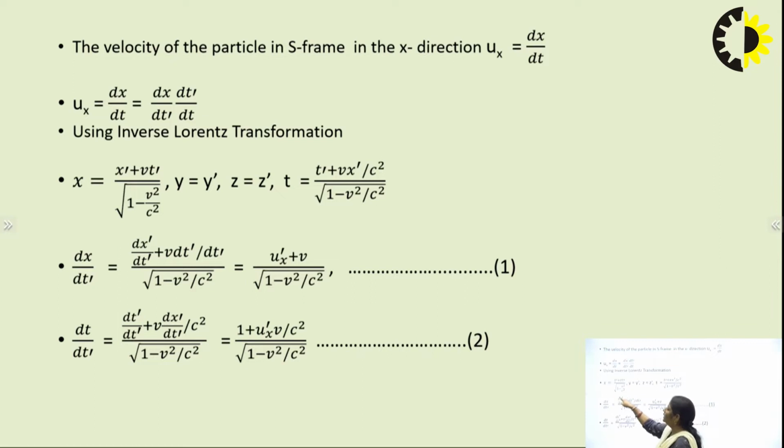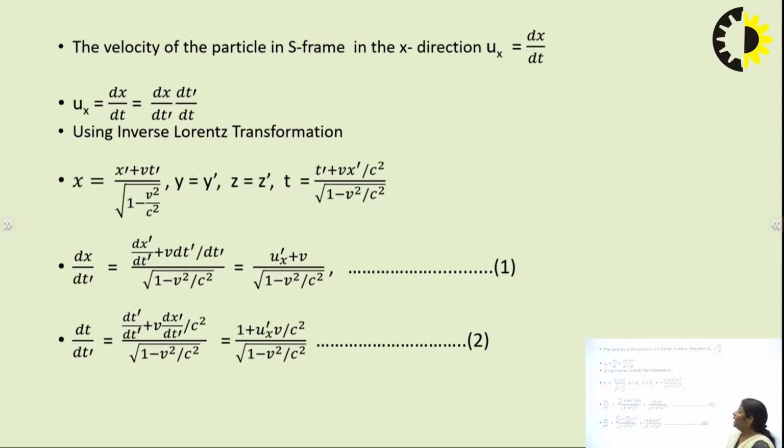For the x coordinate, it is x dash plus vt dash upon square root of 1 minus v square by c square. This is for the x component. For y, it is simply y dash. For z, it is again simply z dash. For time, it is t dash plus vx dash by c square, and then upon square root of 1 minus v square by c square.